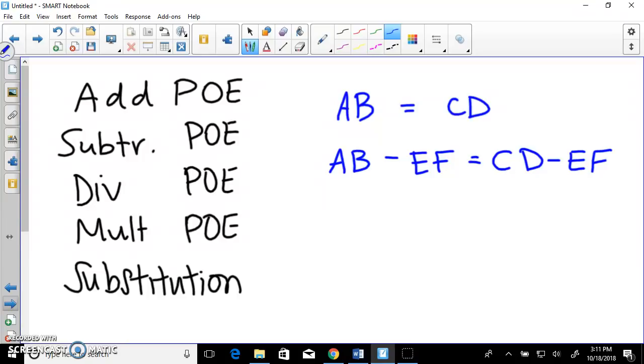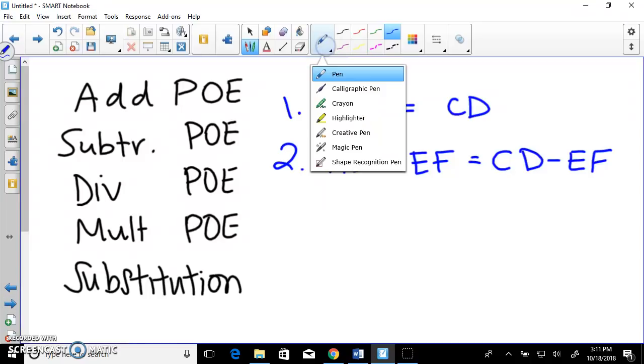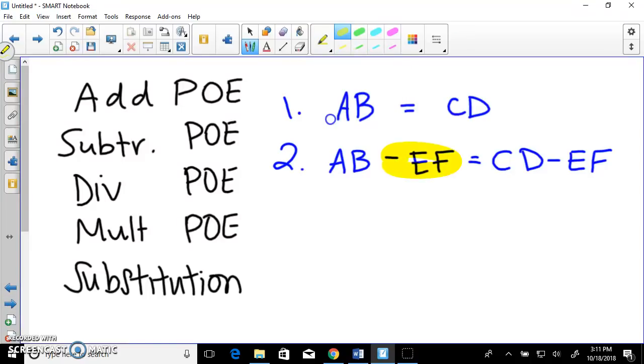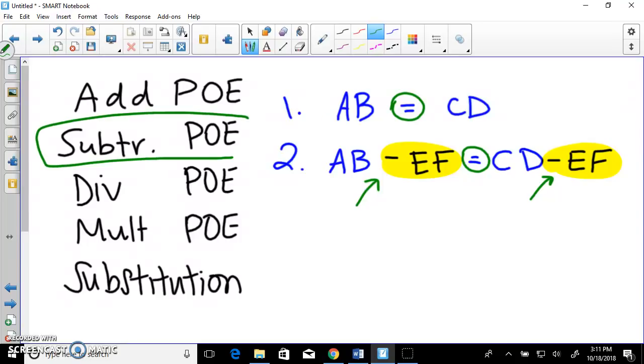I'm not just talking about variables here, but what changed from step 1 to step 2? Well, it looks like we subtracted EF from both sides of that equation. Notice this is an equation, it's not saying congruence, it's talking about equals. So what property says that we can subtract a value on both sides of an equation? That's going to be our subtraction property of equality. Okay?